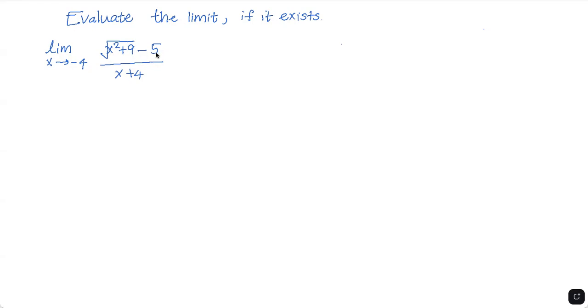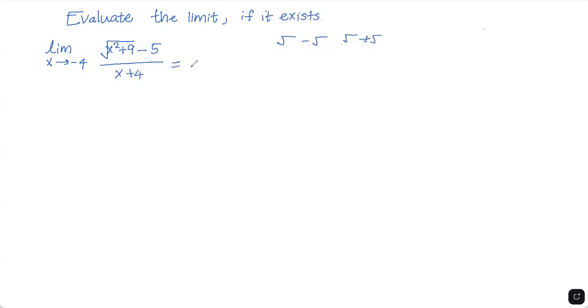So if you see something like this, square root minus something or square root plus something, you can use the difference of two squares property.